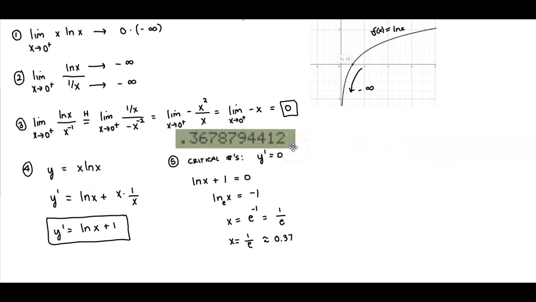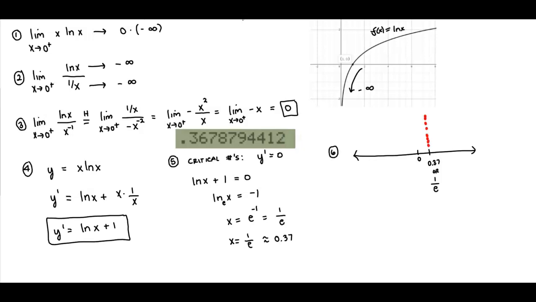So now that we have that number, we want to use that in our interval. So we have our interval. We know that we have 0, and the critical number is located at 0.37, or that's 1 over e.